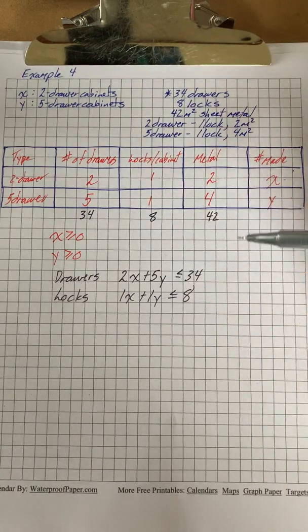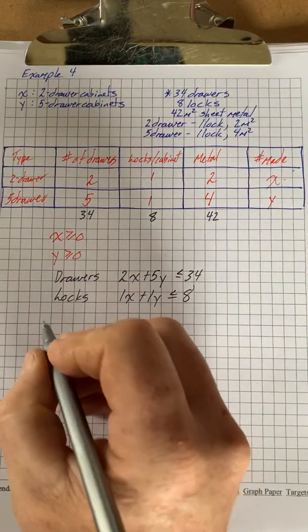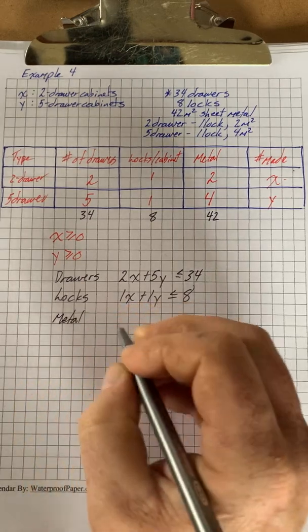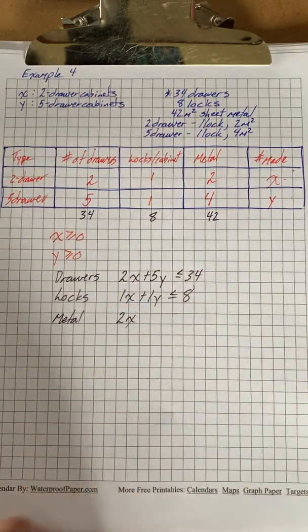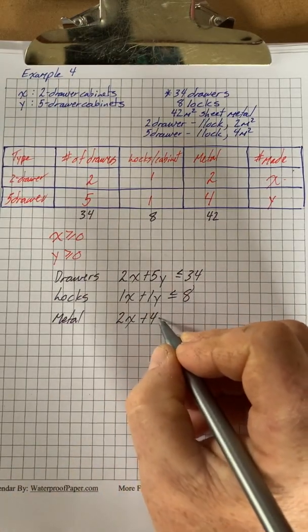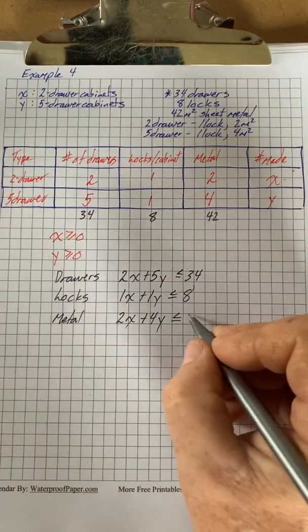You can just do x plus y has to be less than or equal to 8. And metal, 2 meters squared for a 2-drawer and 4 meters squared for a 5-drawer, but I'm limited to 42.